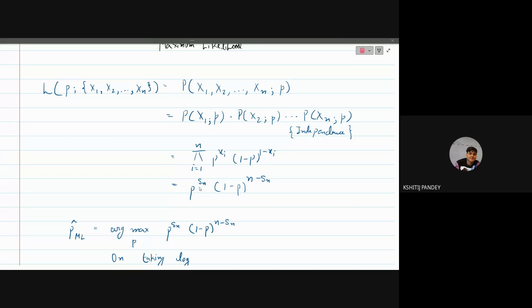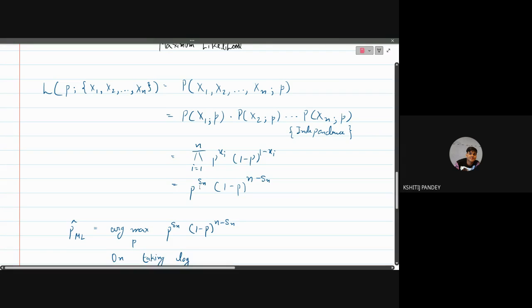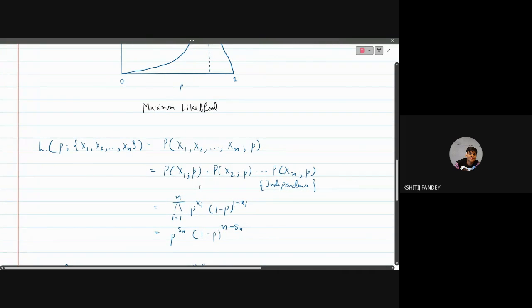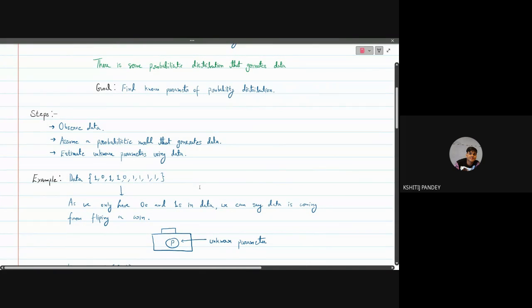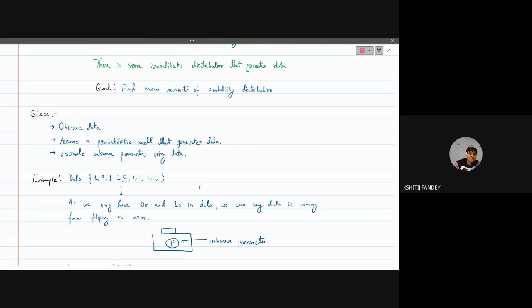Okay, so now from here we can understand one approach, right? So the first approach is observe the data, and depending upon the data, you choose your probabilistic model. You choose your probability distribution from where your data is getting generated.